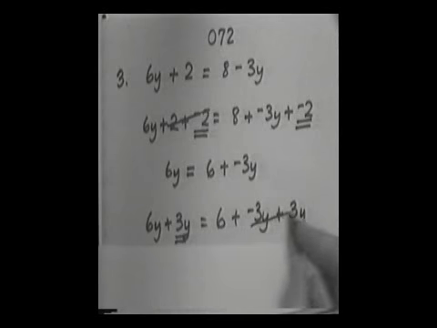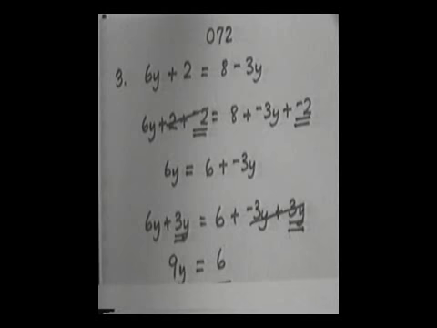On the left side, 6y plus 3y will give us 9y. On the right side, the negative 3y and positive 3y combine to cancel. That leaves us 9y equals 6. Then, to get the y by itself, the only thing left is to eliminate its coefficient.